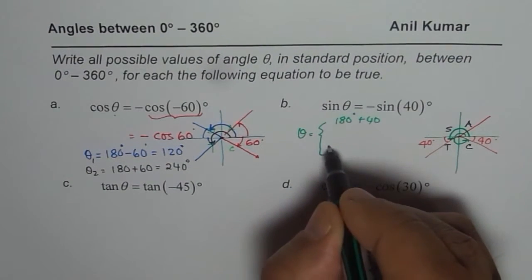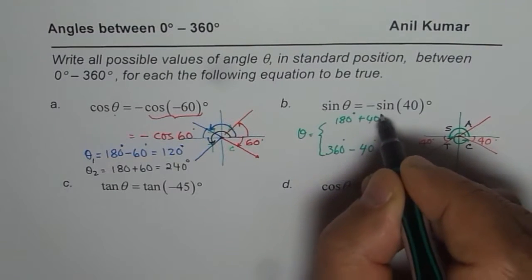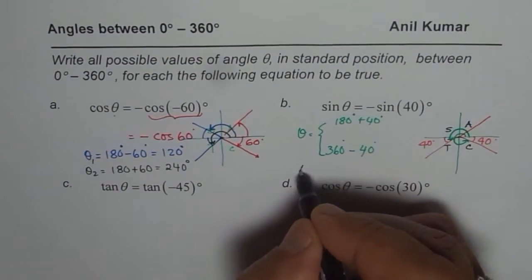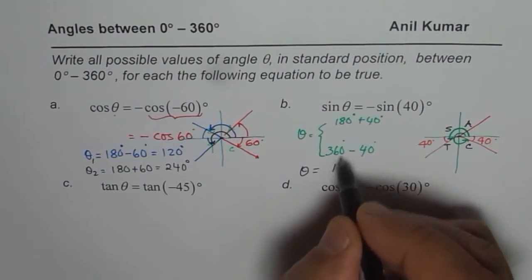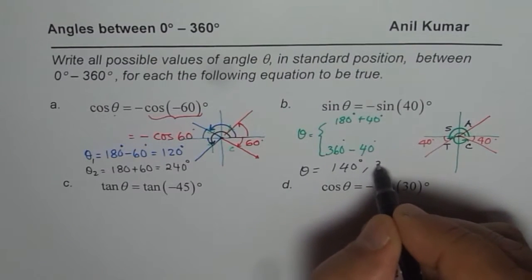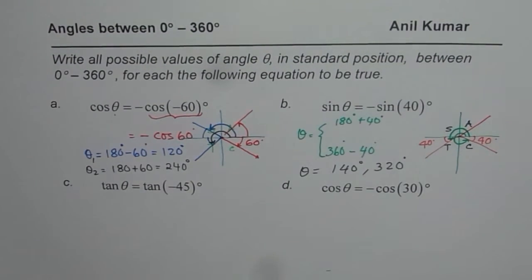The other one is 360 degrees minus 40 degrees. You get the point, correct? So that is how you get your angles. So the answer here is that theta equals 180 plus 40, which is 220 degrees, and the other value is 320 degrees. So these two values will satisfy the equation, correct?